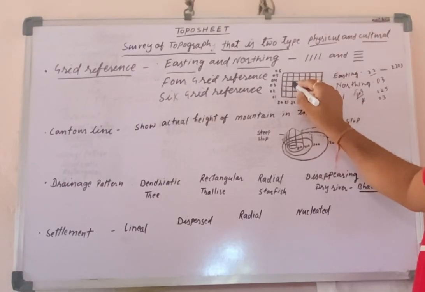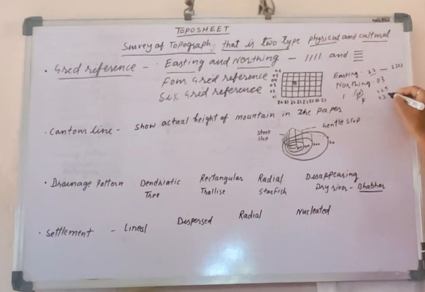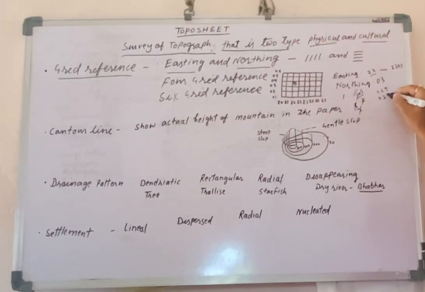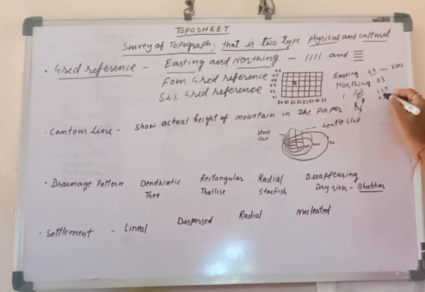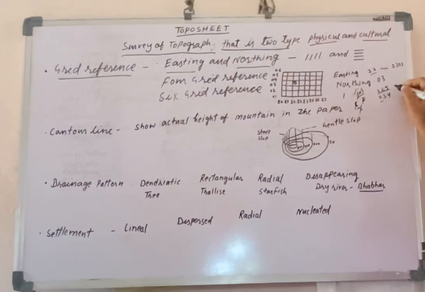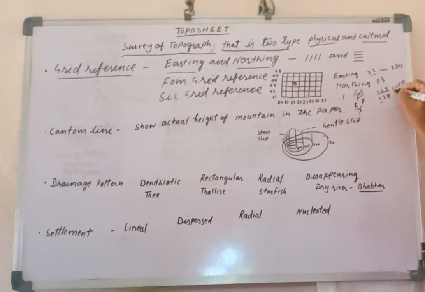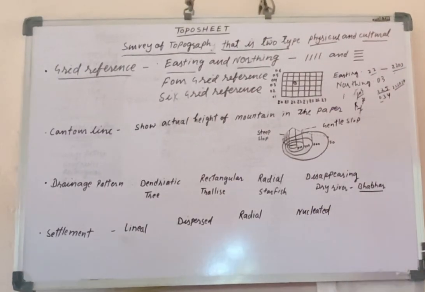So it is 8, which means 2, it is 4. So we have the 6 grid reference: 225 034. This is the 4 grid reference, this is the 6 grid reference.